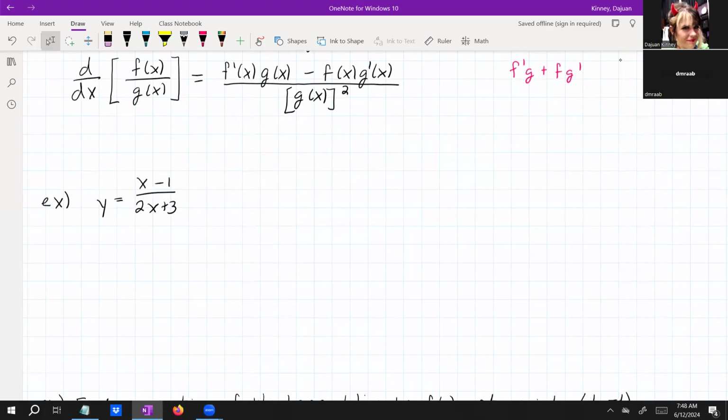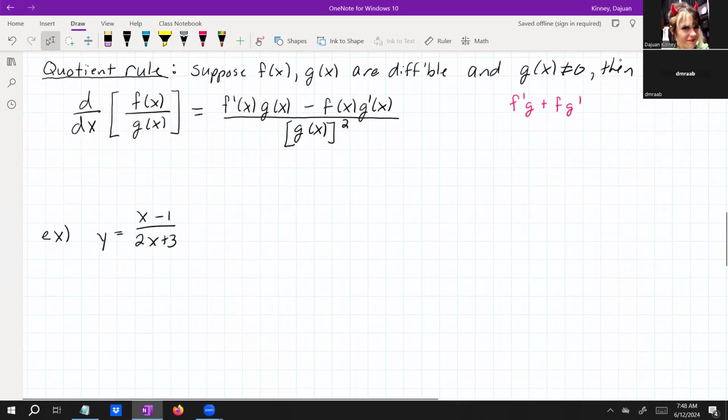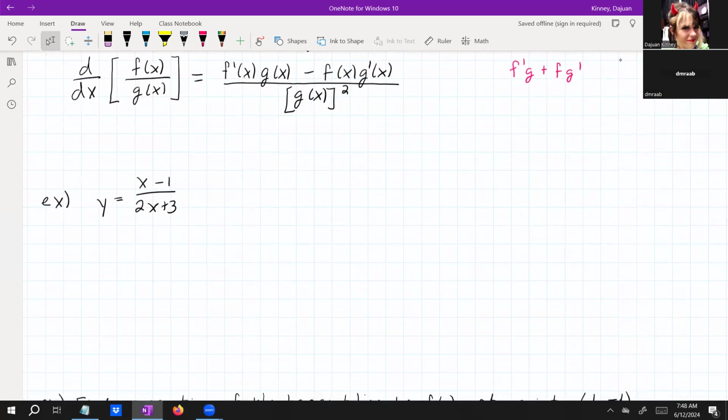I should be able to do this two different ways. Let's do the actual quotient rule as is, and then we'll turn this into a product rule. All right, screen. I'll leave the formula right there. So y prime equals the derivative of the top.